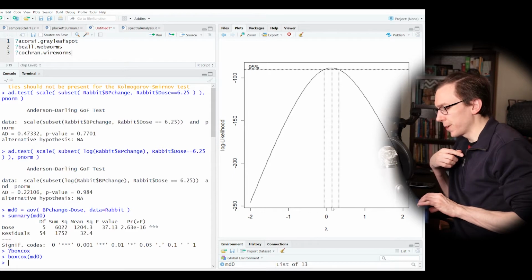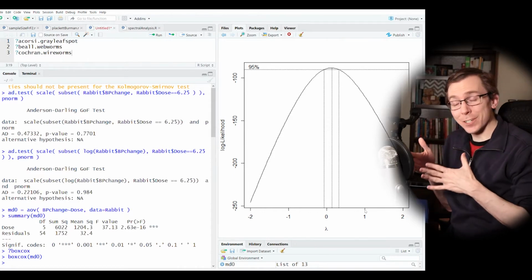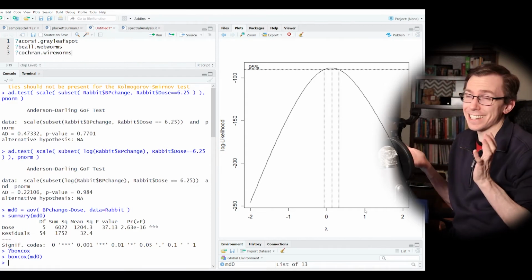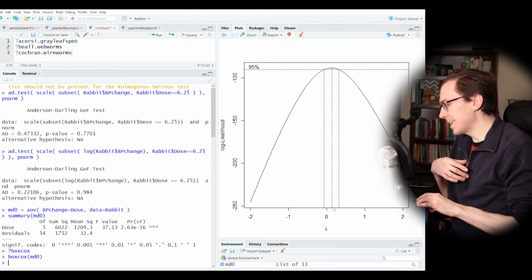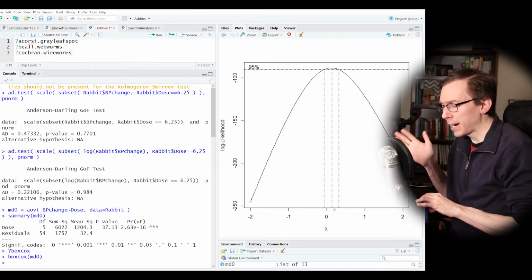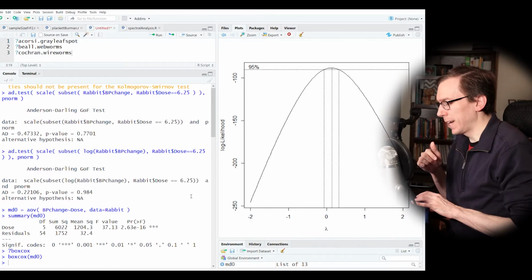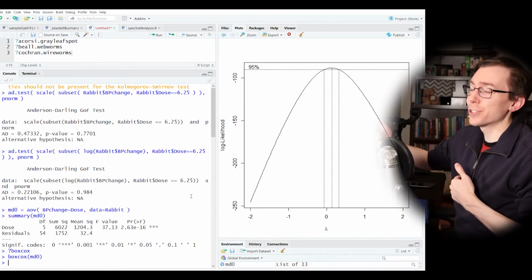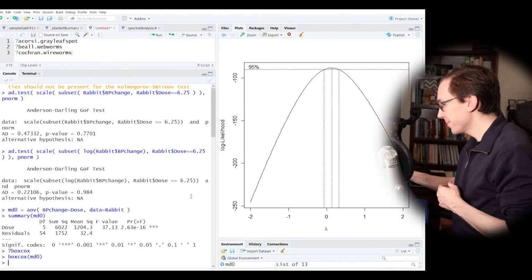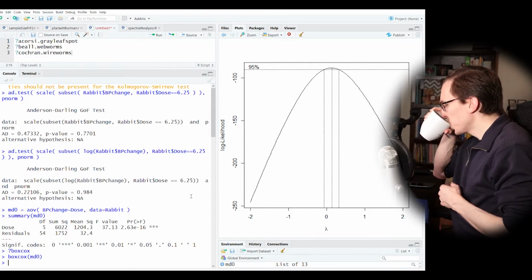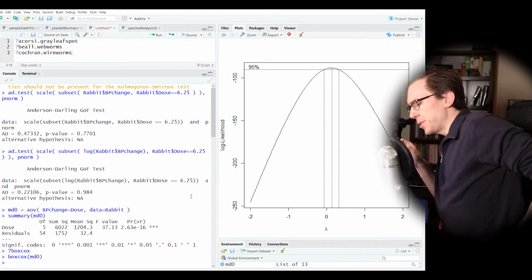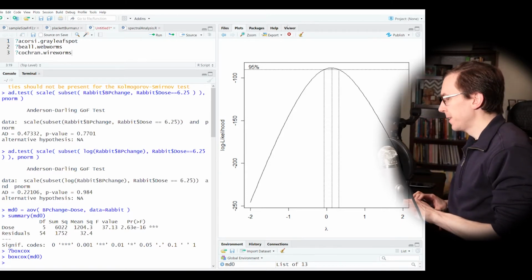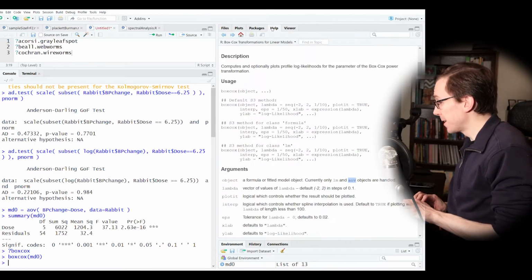You could use this, for example, to see if the confidence interval contains 1. If the confidence interval contains 1, then it's like saying there's really no reason to transform your data. In this case, though, it does seem to be saying that we should probably transform our data if we want to take that approach to analyzing this. But again, in this data set, we do have continuous responses, even though the variances are not homogeneous.